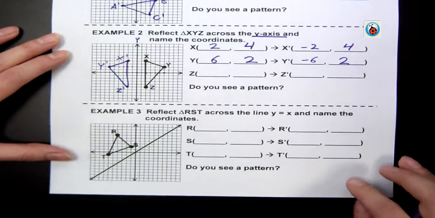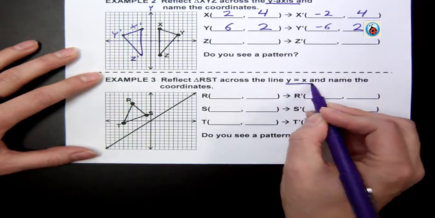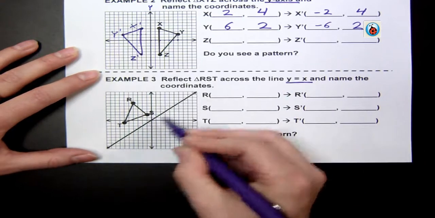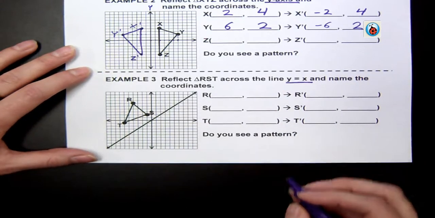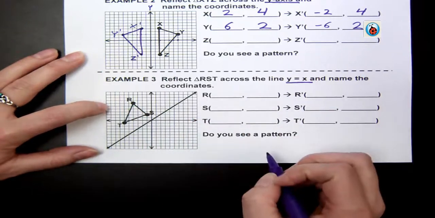Okay, and then the next one, this time we're reflecting across our y equals x line. That's drawn there for us, y equals x. And so again, we start with labeling our points. This time, see if you can fill in the points before I do.